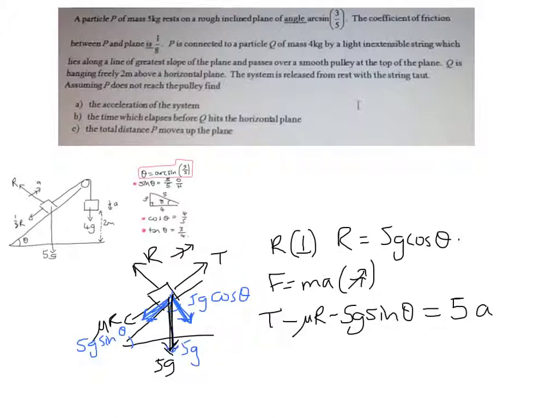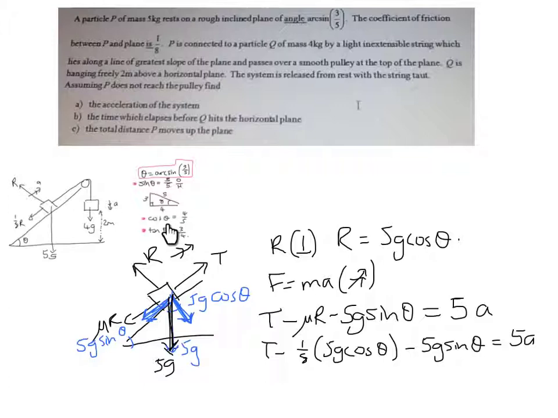Okay, we can put in our mu, we know what that is, T minus 1 over 8, and we know what R is, it's 5g cos theta, minus 5g sine theta equals 5a, and we know what cos theta is because we worked it out earlier using the little trick, it's 4/5, and sine theta is 3/5, so we can put them in as well. T minus 5 over 8g times cos theta, 4/5, minus 5g times sine theta, 3/5, equals 5a.